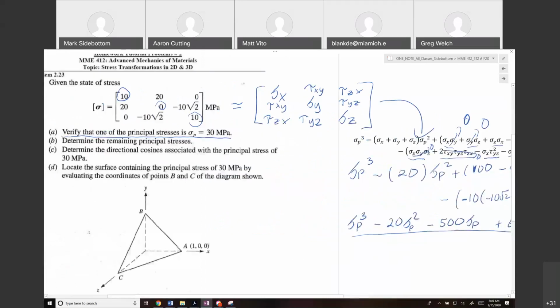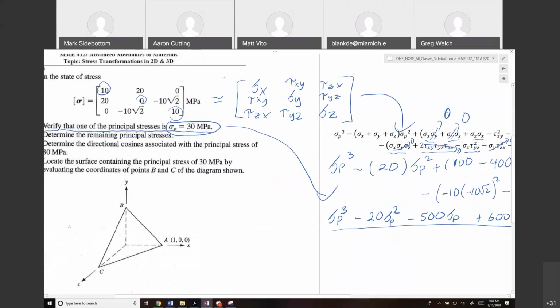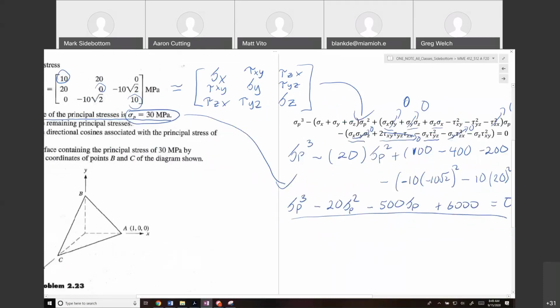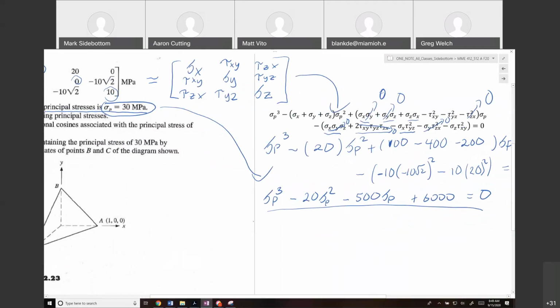So we can set sigma p equal to 30 megapascals and see whether or not this equation is true. We're just going to plug 30 megapascals into our equation.